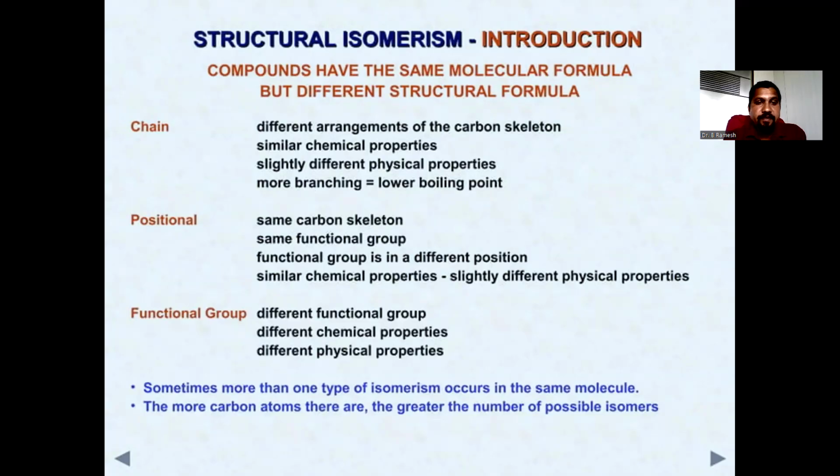Then functional isomerism differs in functional groups. For example, dimethyl ether and ethyl alcohol have the same molecular formula, but the structure is different. They have different functional groups, different chemical properties and different physical properties.